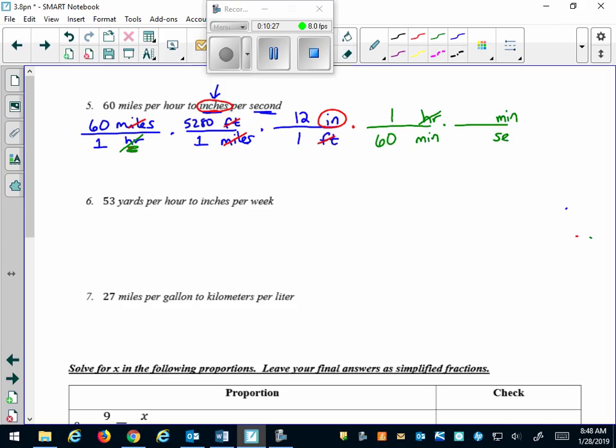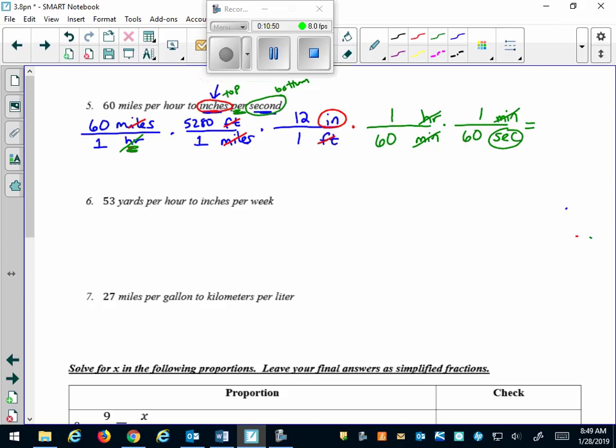Do I know how many seconds in a minute? I do. 60 seconds in 1 minute. So now my minutes are going to cancel, and I'm left with seconds on the bottom, which is what I want. Anytime you have this per, the first word is the top, and then the per something is the bottom of the fraction.